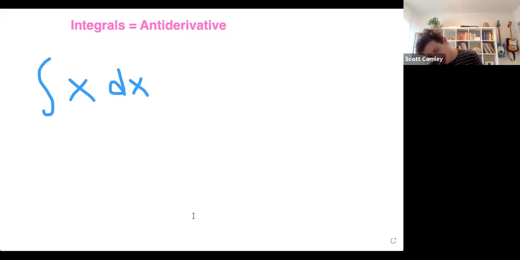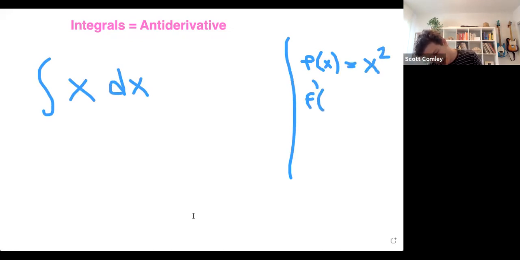Well, if we remember, if our original function was x squared, what was the derivative of that? You take the 2, put it out in front, and then you take 1 away from the 2, so that would just be 2x. That is taking a derivative.